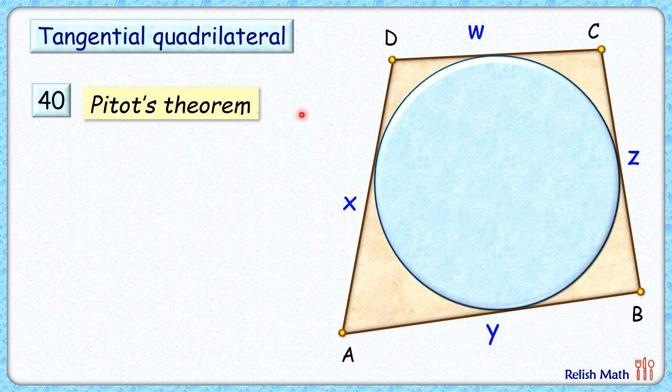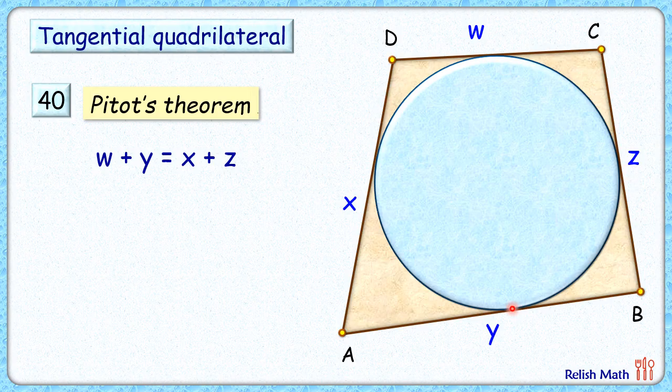It says that the sum of opposite sides in a tangential quadrilateral will be equal. That is, w plus y equals x plus z. Now the general form of this theorem is in the case of an even-sided tangential polygon.